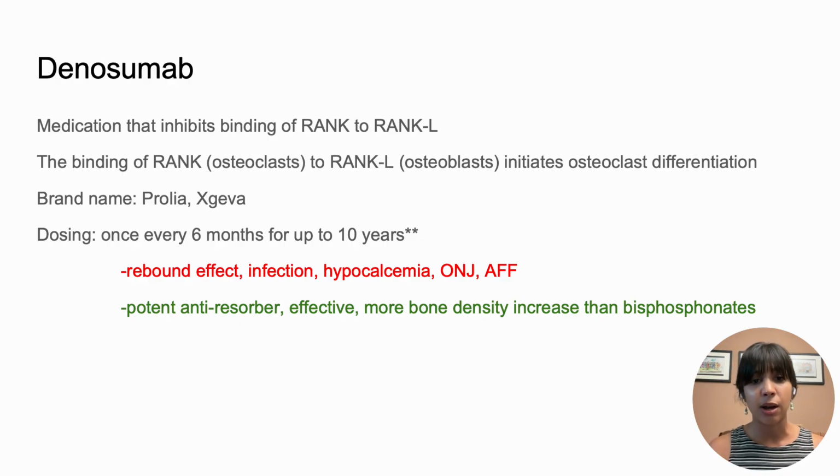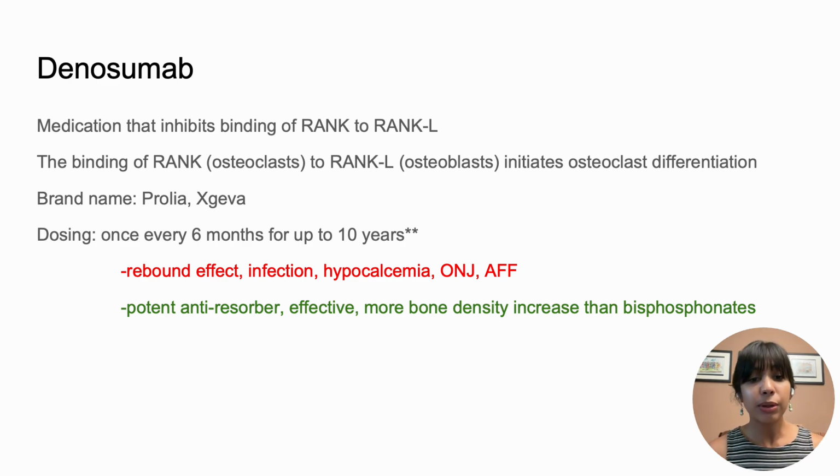This medication inhibits binding of something called RANK to RANK ligand. RANK is a molecule on osteoclasts, and it binds to RANK ligand, which is made by osteoblasts. This binding initiates the differentiation of osteoclasts, and denosumab prevents that binding, preventing osteoclast differentiation.